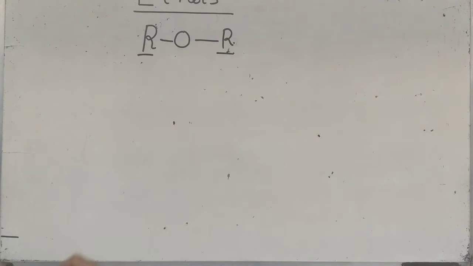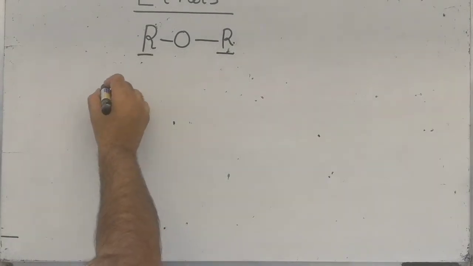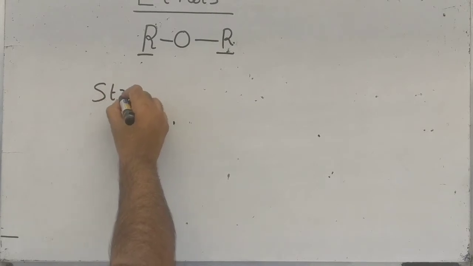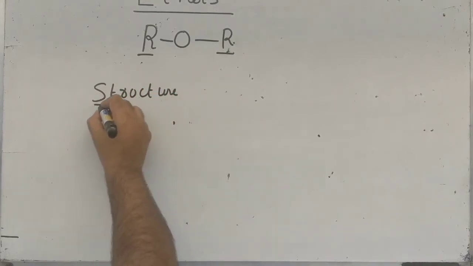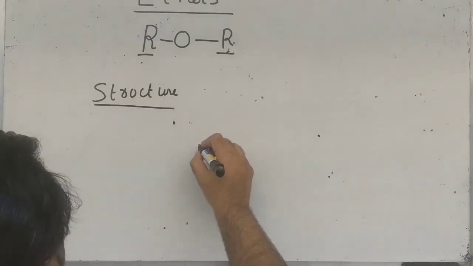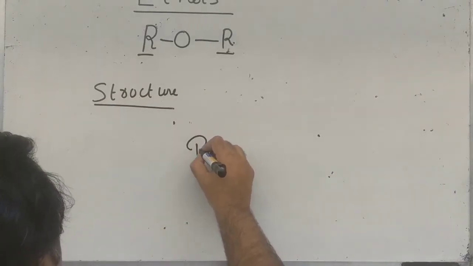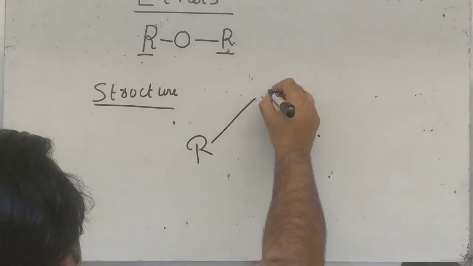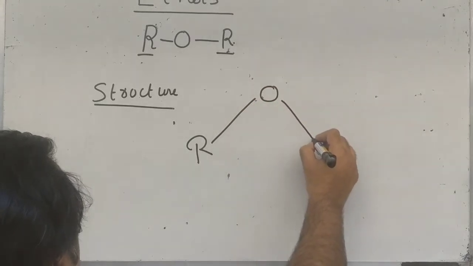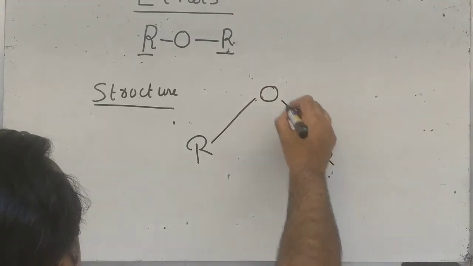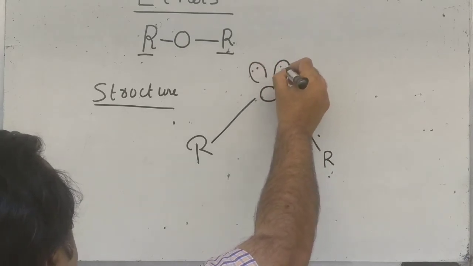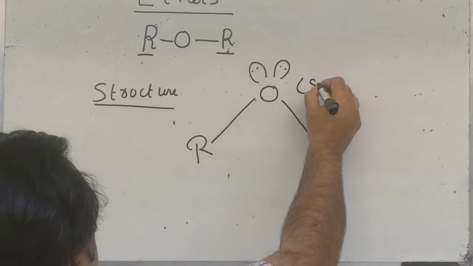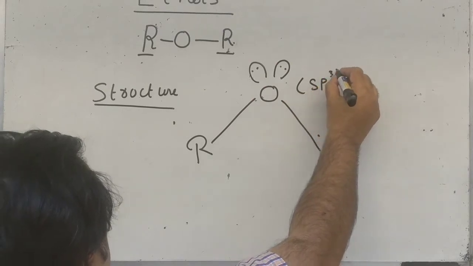Alkyl group, like methyl, ethyl, and all that. First of all, let us see the structure of ether. Ether has an angular shape. On oxygen, there are two lone pairs, just like water. These are the lone pair of electrons. Oxygen over here has a hybridization of sp3.